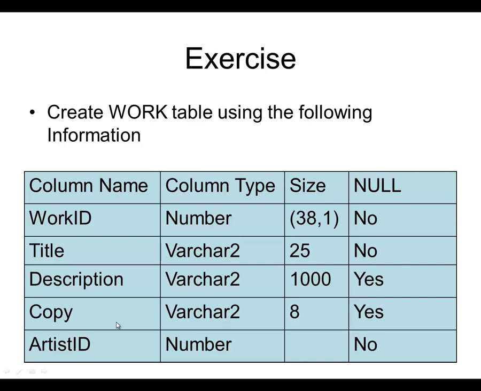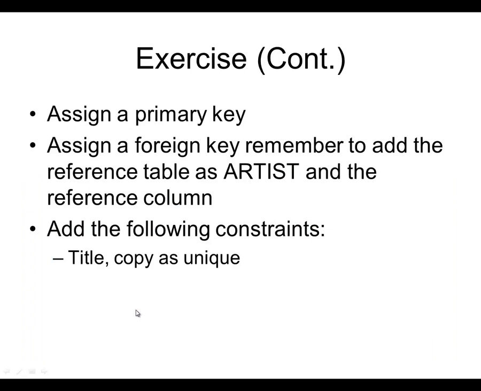And you will assign a primary key, you will assign a foreign key to connect the two tables, and you will add constraints for the title and copy to be unique.